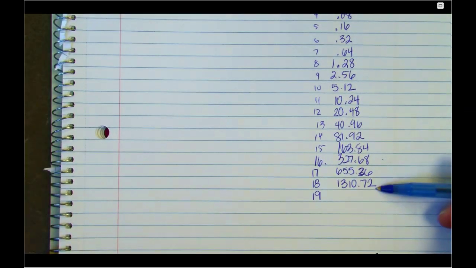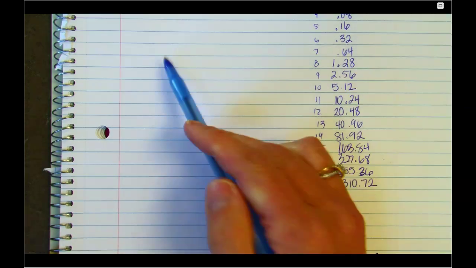Okay, 17. How much? 655.36. How about 18? 1,310.72. Now we're even-ish, right? They have $1,000, you have $1,300. They're still ahead.